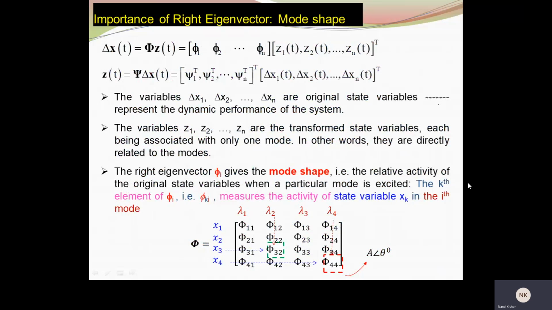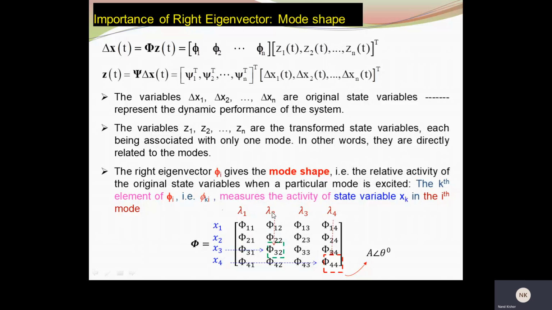So that means it is the kth element of lambda i, which I write as phi ki. Here k is 3 and, let us say, the mode i is 2. So that means phi 3 2. This element measures the activity of state variable x3, that is xk, in the mode lambda 2, the ith mode here.